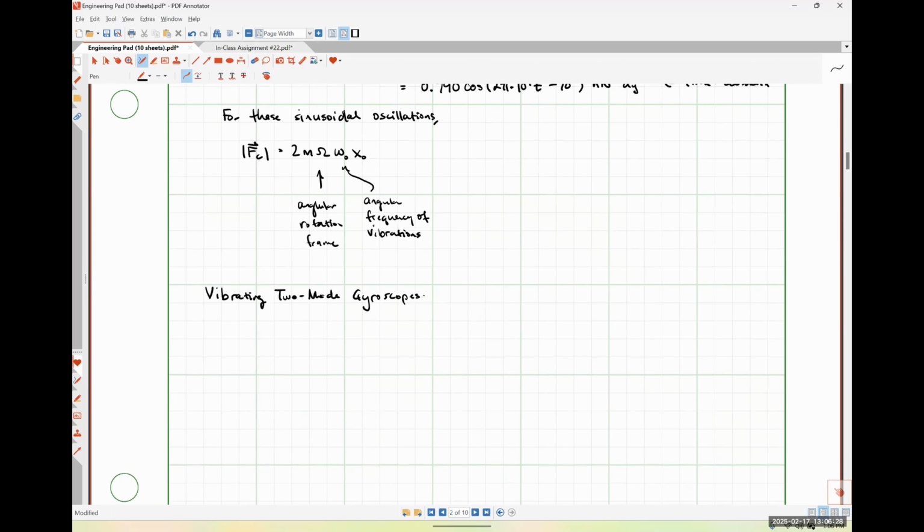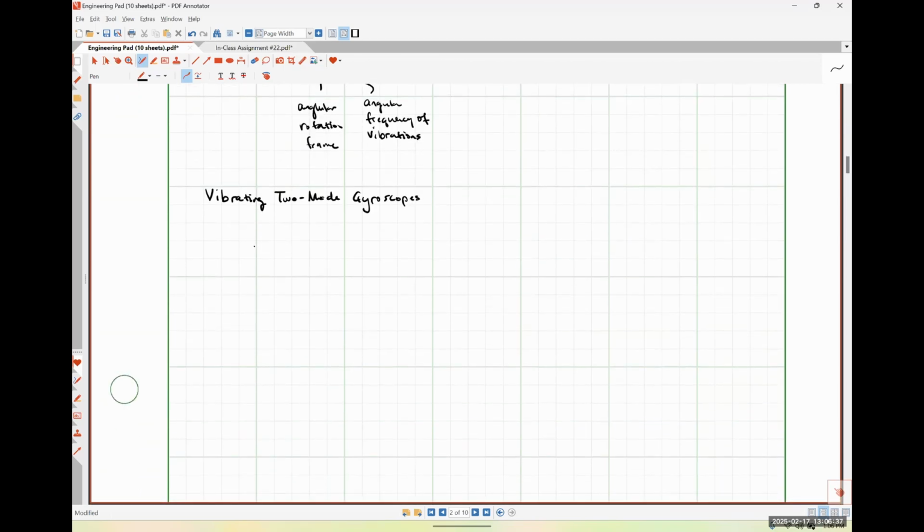Okay, so vibrating two-mode gyroscopes. Practically all MEMS gyroscopes are an example of a vibrating two-mode gyroscope. At a macro scale, to explain exactly what's going on, I'm going to try to draw a picture here.